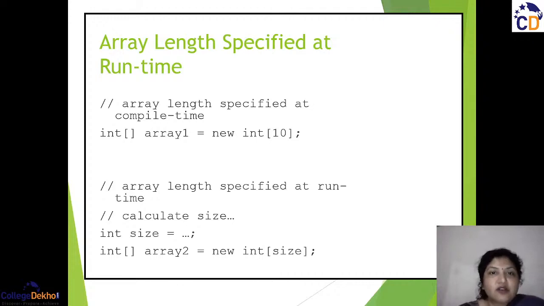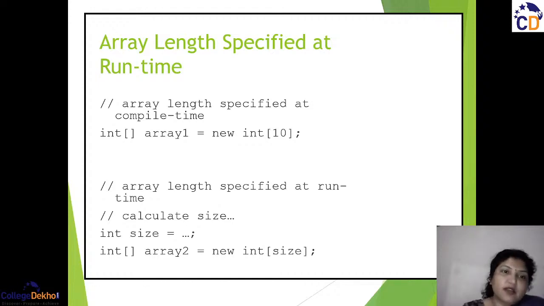Next, let us use the array concept in our program. Array length is specified at compile time. I told you that you need to specify the length of an array, and the space is also allocated at compile time when you define or create that array.